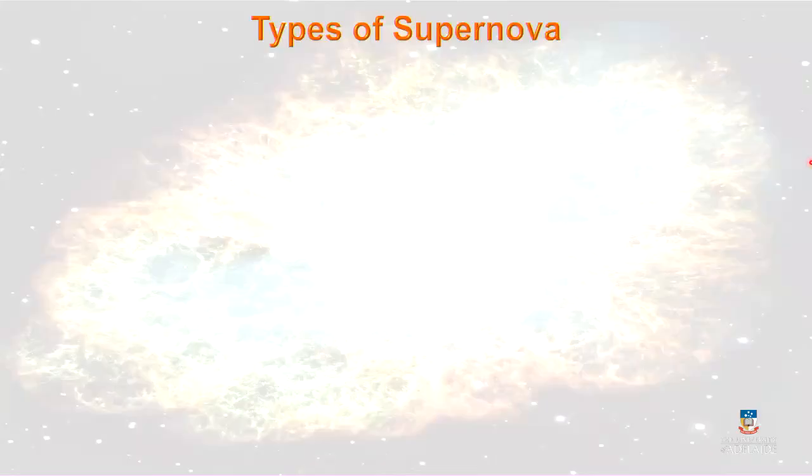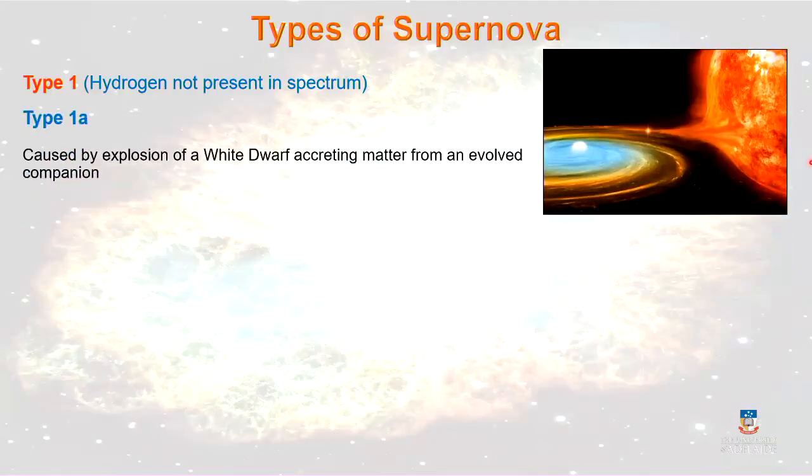But there are various types of supernova, and it's a little bit confusing. We have type 1s. Type 1 supernova, the definition is hydrogen not present in the spectrum. So a type 1a is a totally different type of supernova to what we just discussed.